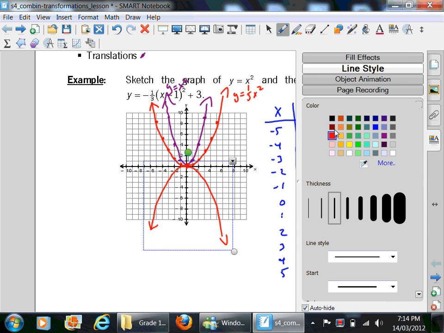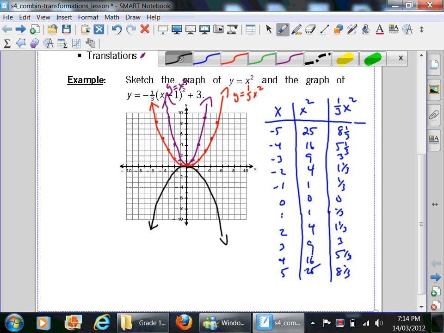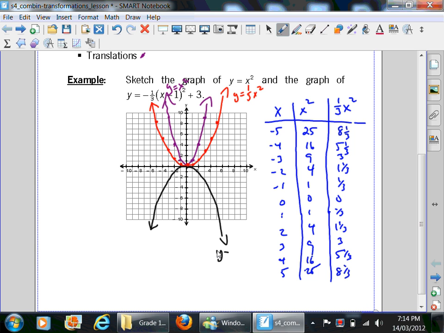We can go black, I suppose. And there we go. So if we're going to call out black, then I need to label this as y equals negative 1/3 x squared. So here's y equals negative 1/3 x squared. So that's step 2. Step 2 is your reflection.